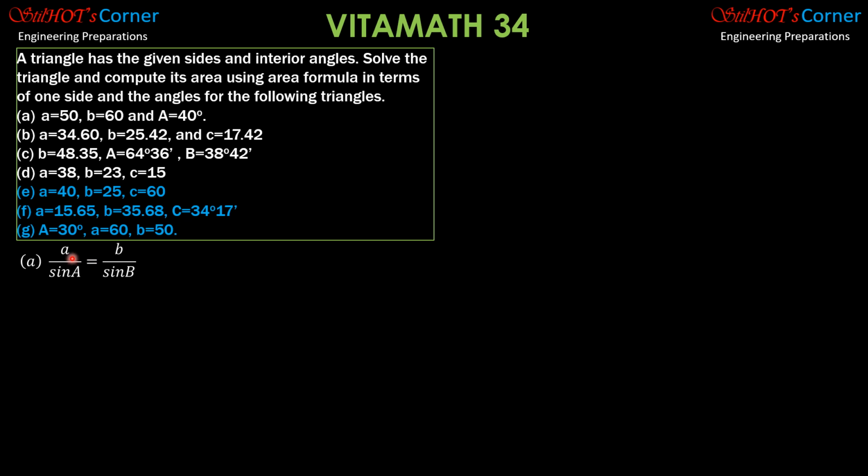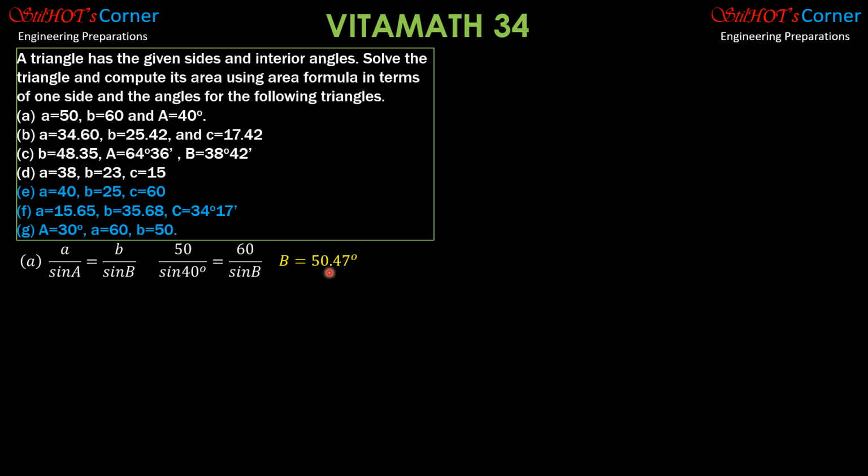So substitute: 50 over sine 40 degrees equals 60 over sine of angle B. So using your calculator, B is inverse sine of 60 sine 40 over 50, and angle B is equal to 50.47 degrees, as expected to be greater than 40 degrees but acute.